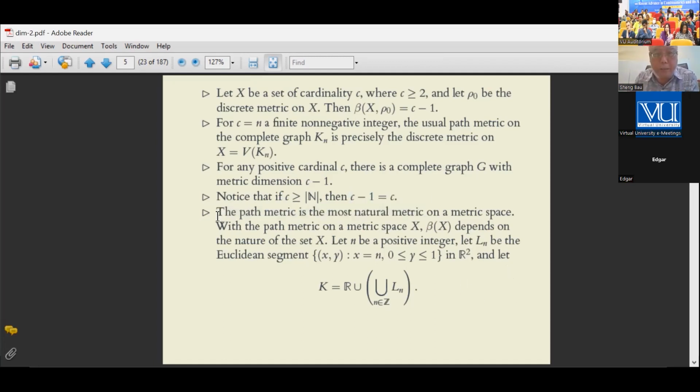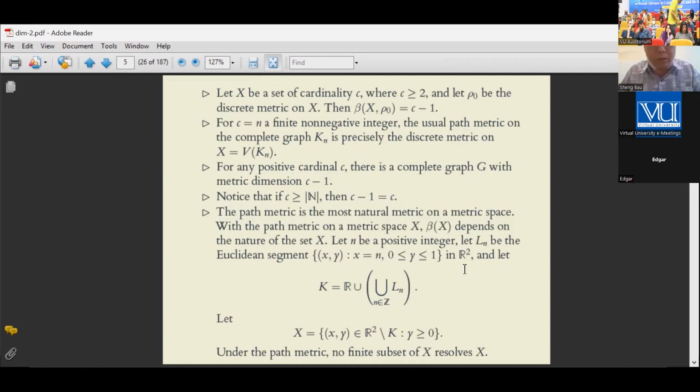And this example, I don't like it, but this was the first example to show that there exists a subspace which has larger dimension than the space, which means monotonicity is certainly not true. But this is not a good example, as we will explain later. This is a one-dimensional example of a Cartesian plane, which has metric dimension 3.